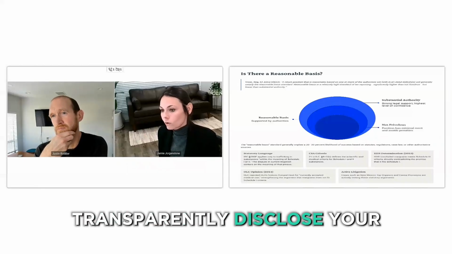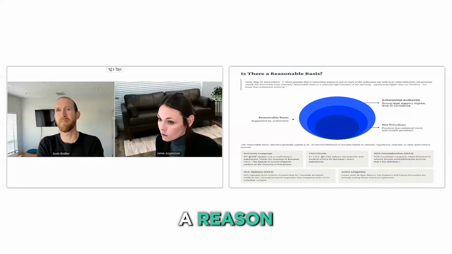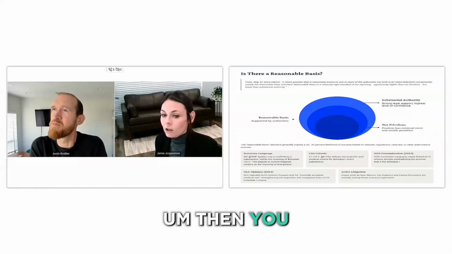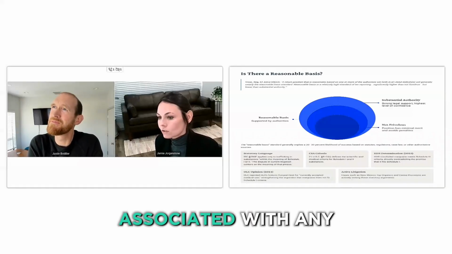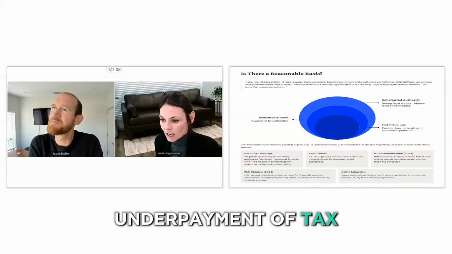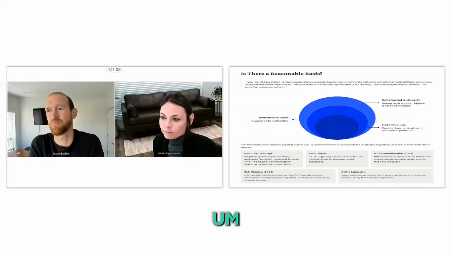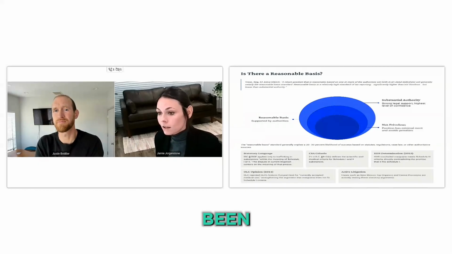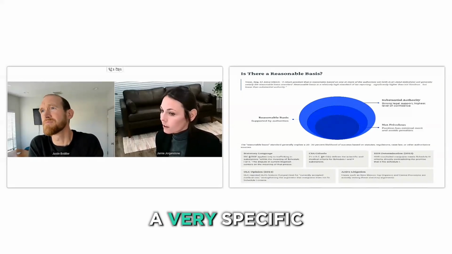If you transparently disclose your tax position and why you believe there's a reasonable basis for that position, then you are generally protected from the penalties associated with any underpayment of tax. And that's really important to know here. So, what we've been doing with tax returns, helping taxpayers take a no 280E position, is we file a very specific form.